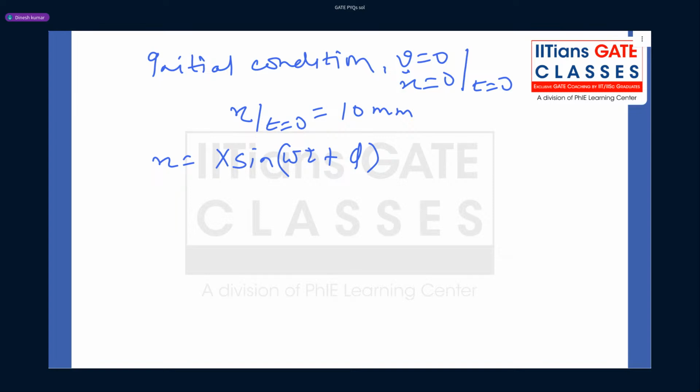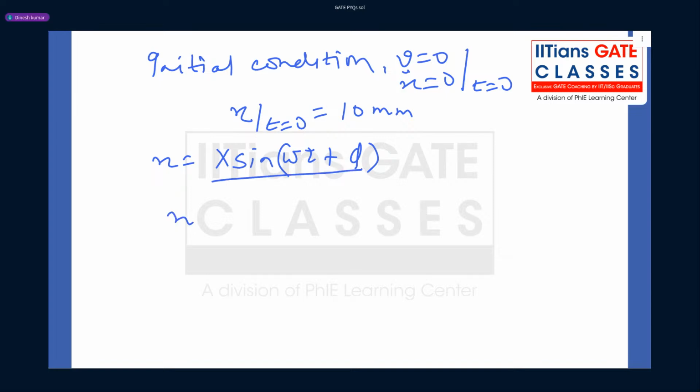Now if this is your solution, then what is the first condition? The first condition is that at t equal to 0, your velocity is 0. So how do you find velocity from this solution?